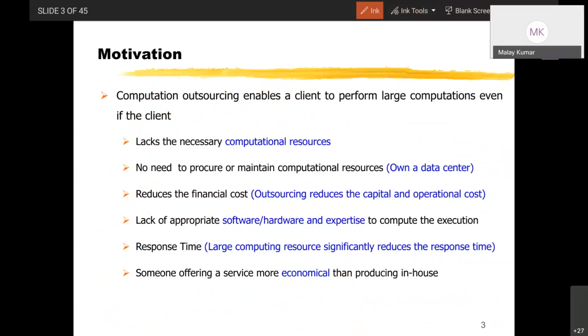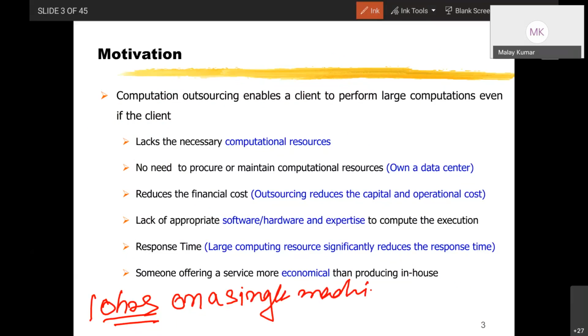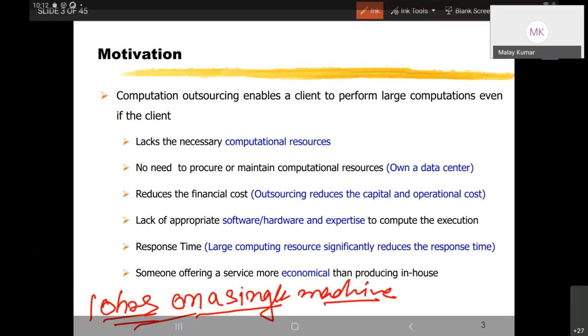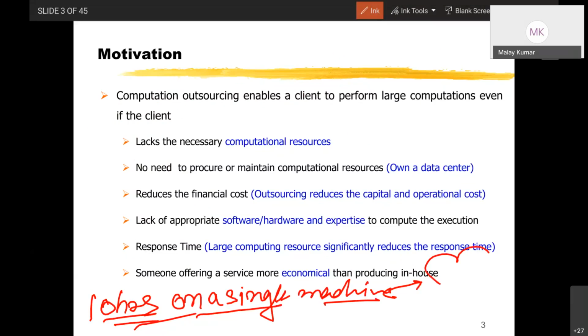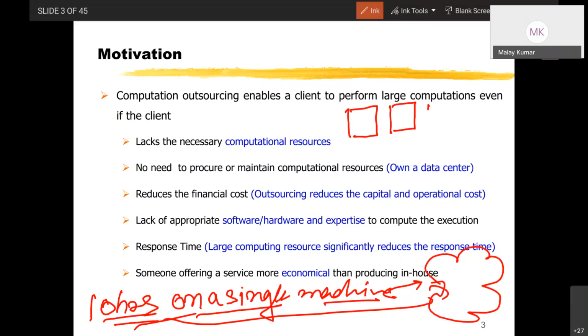So, whenever you want to execute any computation, and if that computation takes 10 hours to complete its execution on a single machine, and when you outsource this computation in the cloud environment, rather than executing on a single machine, now you are executing this process, let's say, on 5 machines simultaneously.